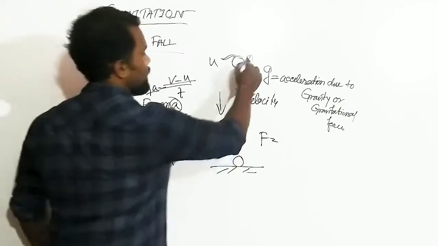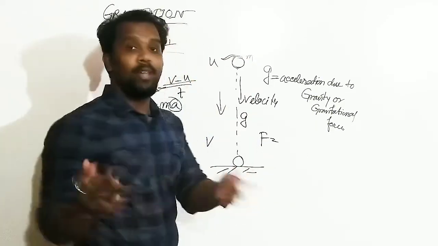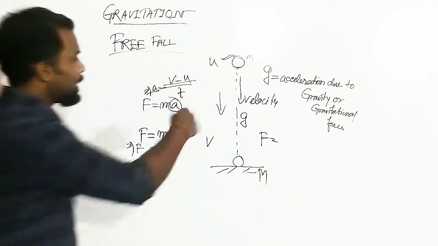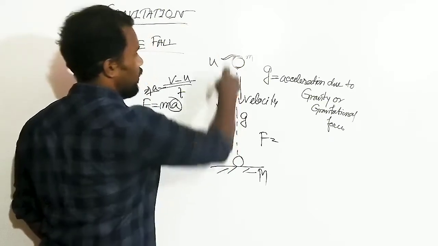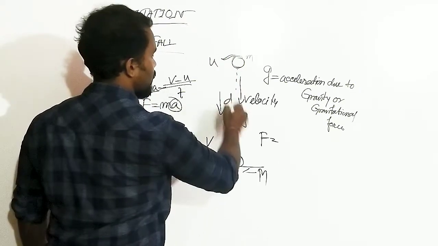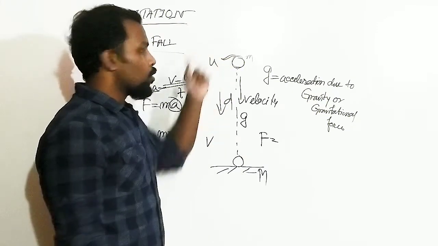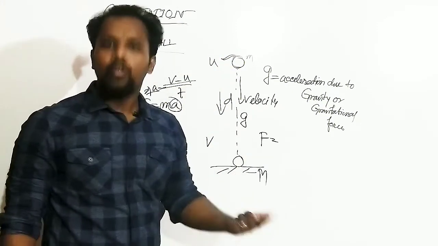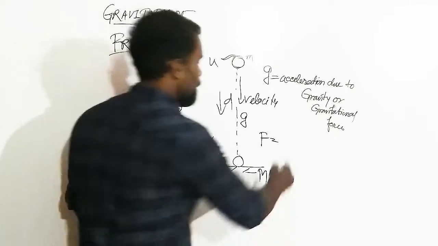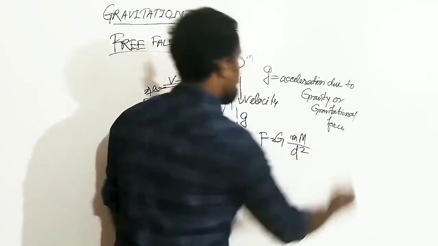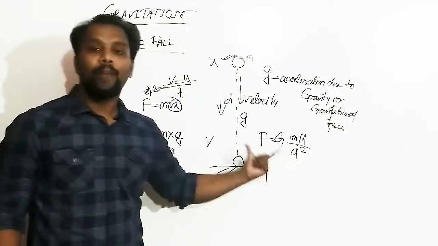This is m, and consider the mass of the Earth as capital M, and the distance between the ground and the ball is small d. This scenario gives us a gravitational force, and that force is nothing but G times small m times capital M by d square. We have got this from what?